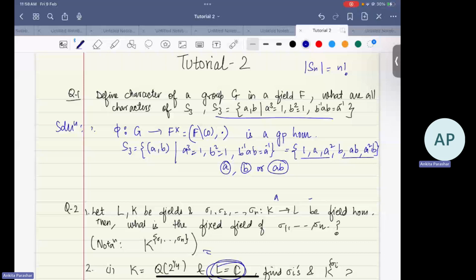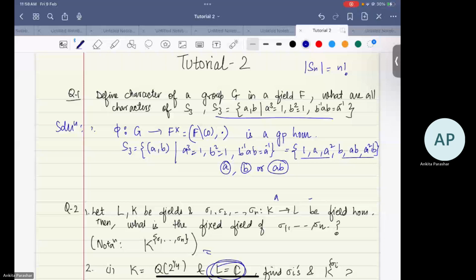That means sigma 1 of alpha is the same as sigma 2 of alpha, up to sigma n of alpha, and all sigmas should fix that alpha. So all those elements of K which are fixed by all the homomorphisms that have been given.